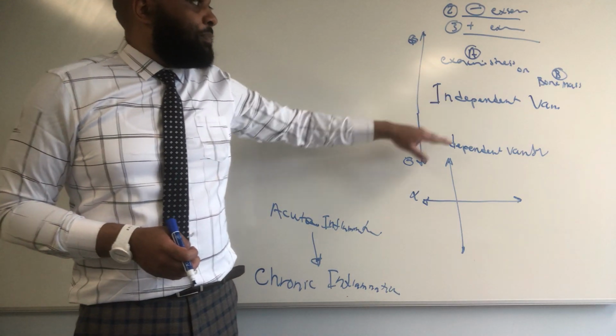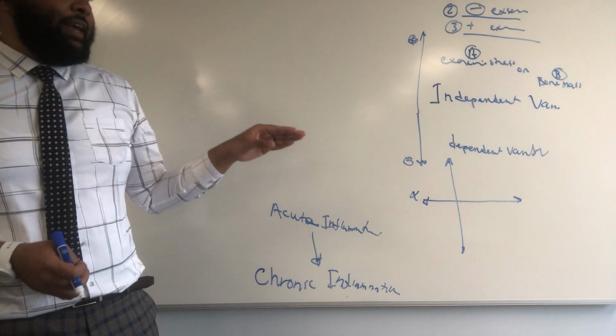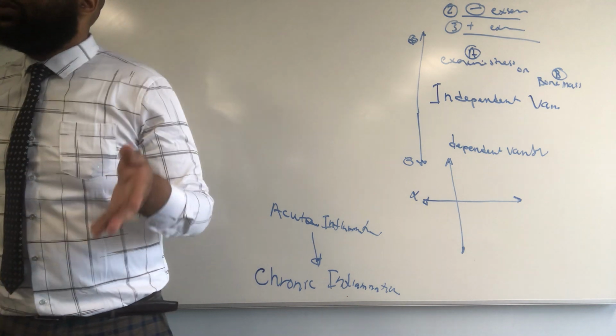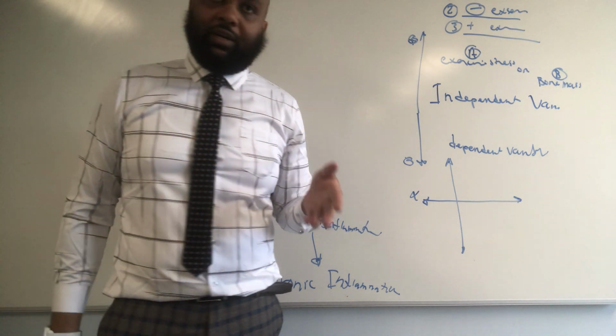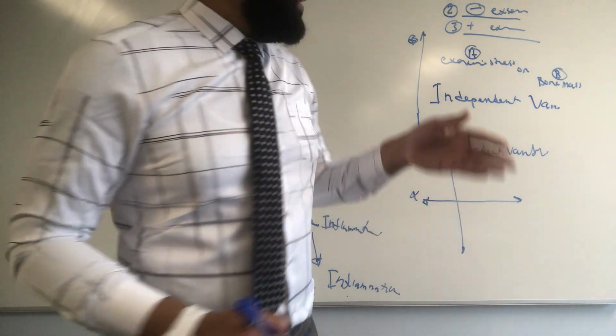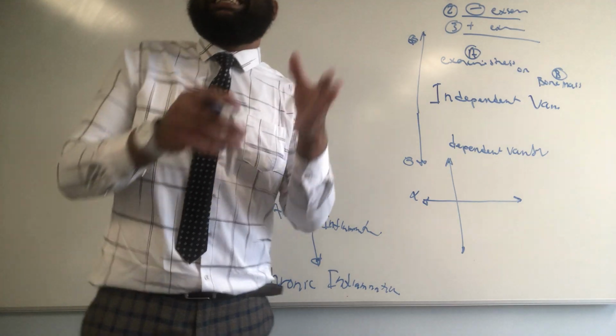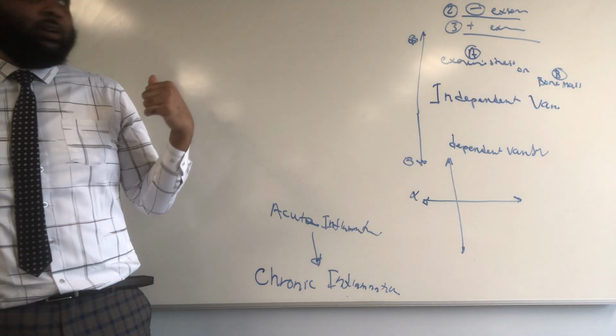So the exercise. The rule says independent variables are what I am manipulating, and the dependent variable is what I'm trying to measure because it is dependent on the independent variable.